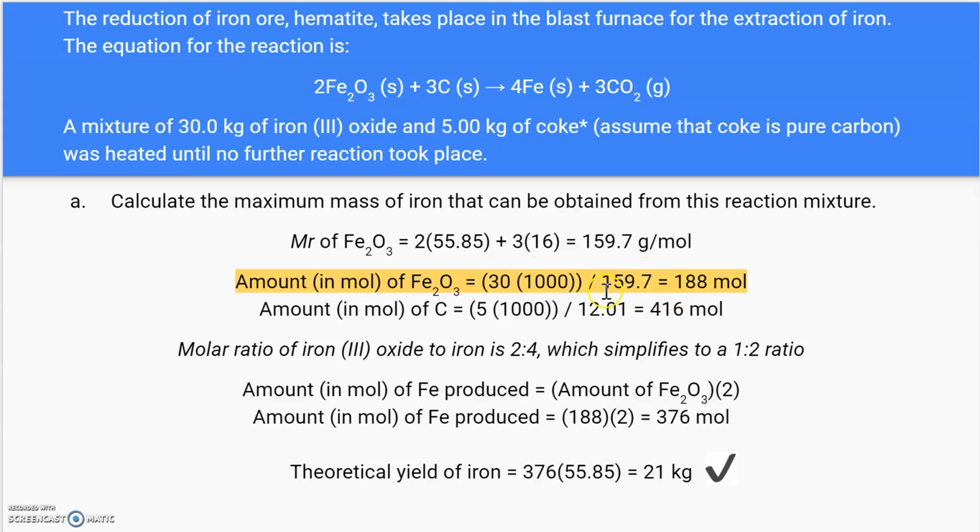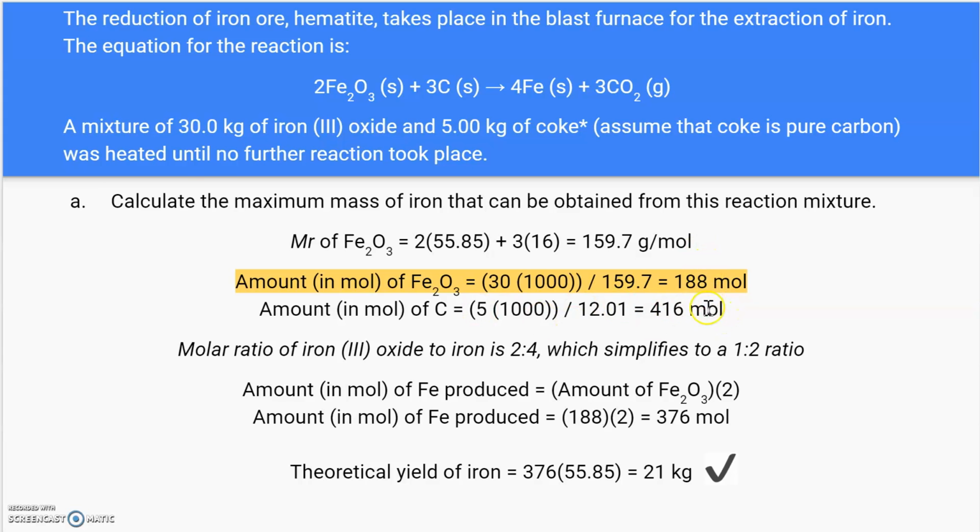If we do that, we obtain that the amount in moles of iron 3 oxide in the reaction is 188. Now we do the same for carbon. We multiply 5 kilograms by 1,000 to get grams, and we divide it by its molecular mass, which we obtain from the periodic table, and it is 12.01. We do that, and we get that 416 moles of carbon are present in this reaction.